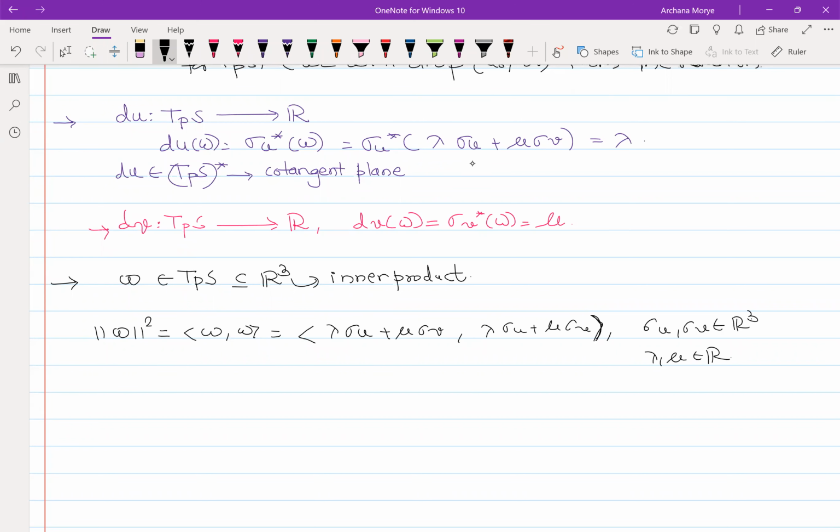So this expression will give me lambda square times norm of sigma u square, plus 2 times lambda mu times sigma u dot product with sigma v. Let me write it. Plus mu square times norm of sigma v square.